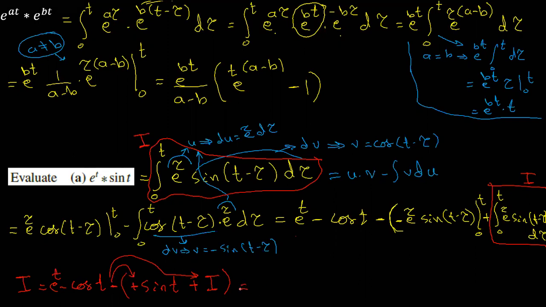So you have 2I. Am I right here? Because this negative will be here. Take it to I. Equal e to the t, negative cosine t, negative sine t, sine t. That means your I is equal to half of e to the t minus cosine t minus sine t. So you found the convolution between those two functions.